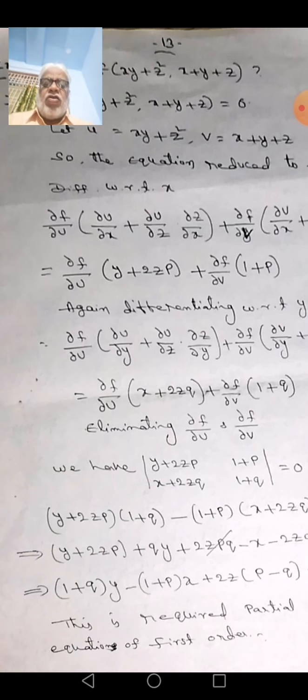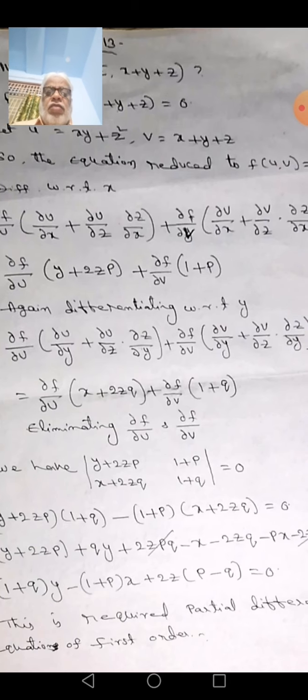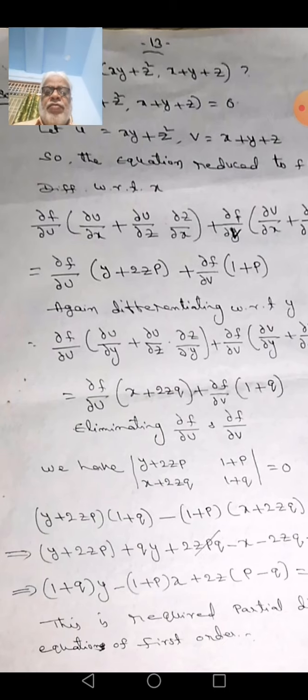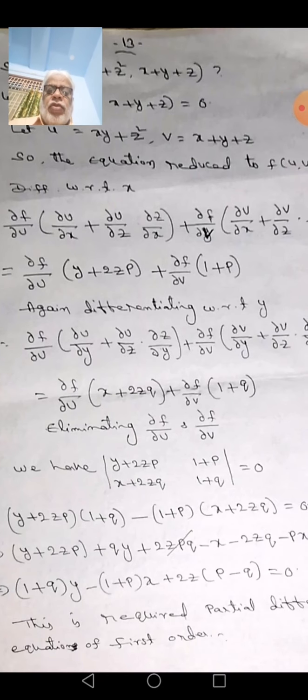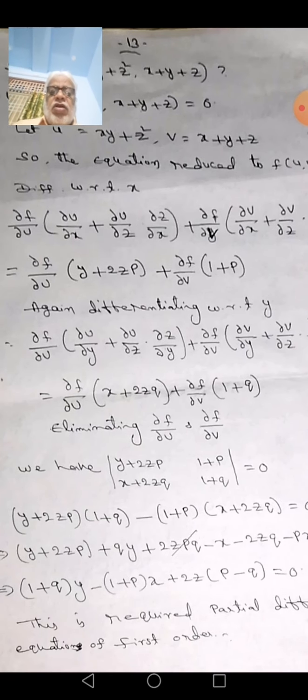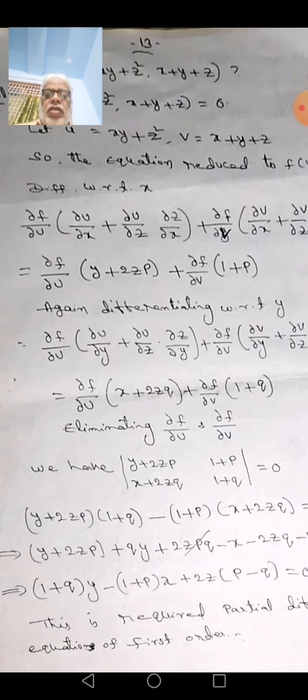Now simplify it: y into 1 is y, 2zp into 1 is 2zp, plus q into y is qy, and 2zp into q is 2zpq, minus x, minus 2zq, minus px, minus 2zpq. The 2zpq terms cancel. If you take 1 plus q, y is common; if you take minus x common, that is 1 plus p; the remaining term is 2zp minus 2zq.